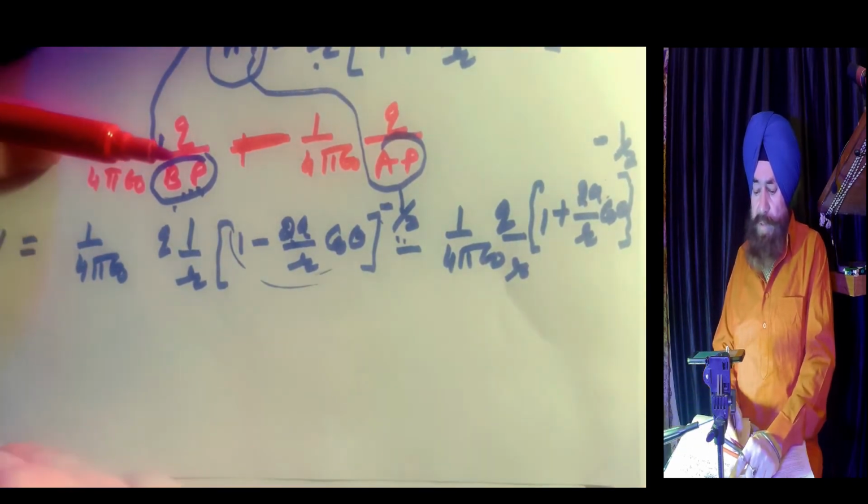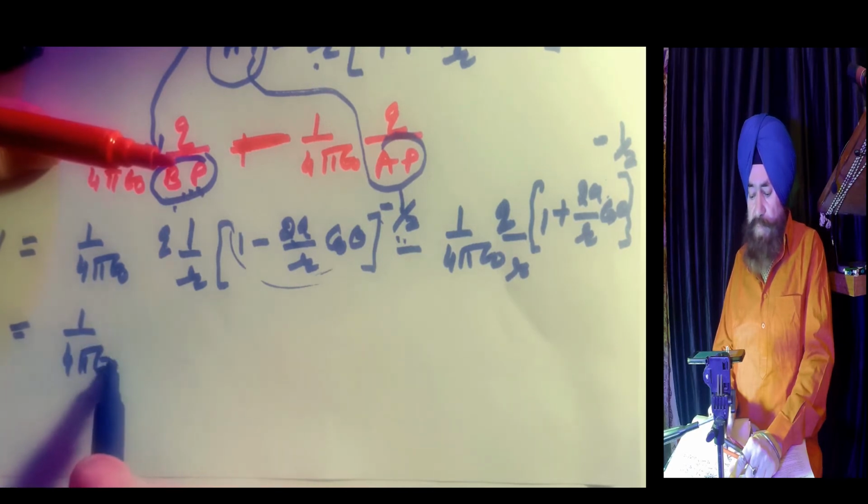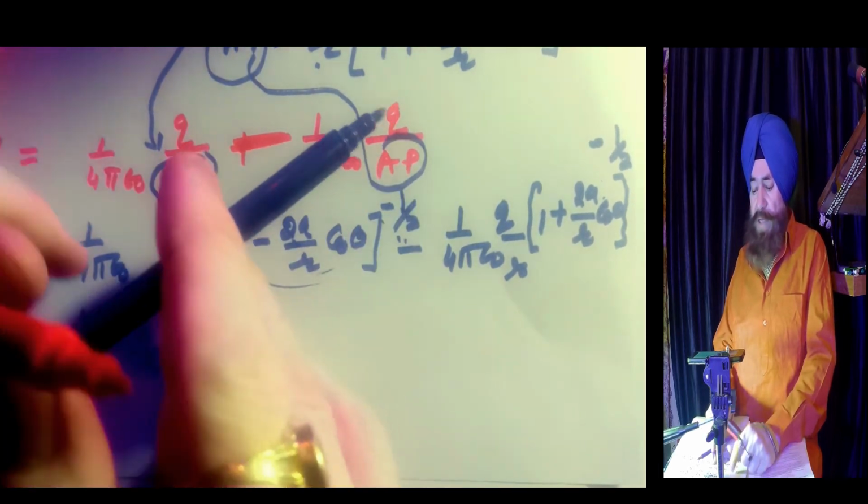Now this becomes constant q by R, applying the binomial expansion.